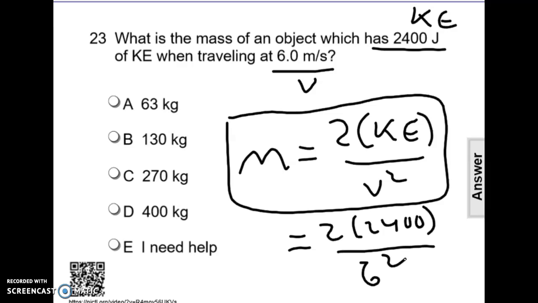We're going to see that it's going to be 4,800, which is 2 times 2,400, divided by 36. The answer I get is about 133.3. I guess they're going for the closest answer, which is about 130 kilograms. So the SI unit for mass is kilograms.